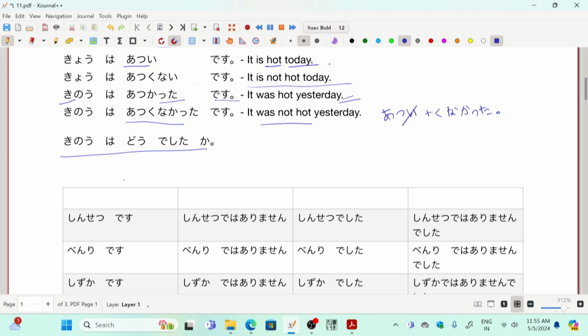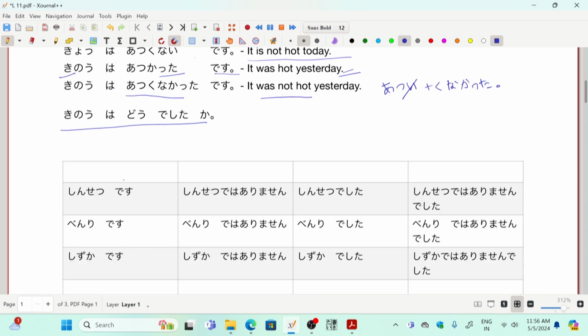Question for asking season or asking any adjective if you want to know about, we say do desu ka. So if you want to know about yesterday's weather, we'll say kino wa do deshita ka. How was it yesterday? So you can say, oh, it was hot yesterday. Kino wa atsukatta desu. So do deshita is how it was.